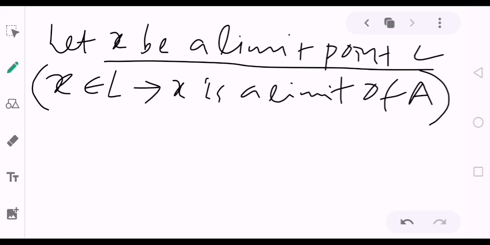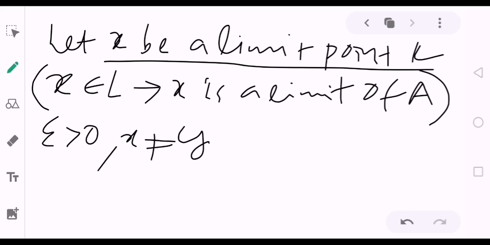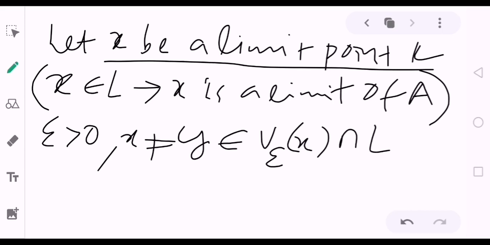Then by the definition of a limit point, for any arbitrary epsilon greater than 0, we can find a point y which is not equal to X and is an element of V epsilon X intersection L. For convenience, we take epsilon by 2. For any epsilon it is true, so it is true for epsilon by 2 also.